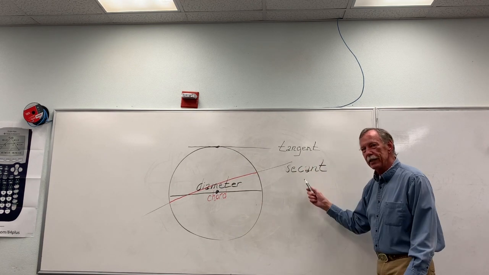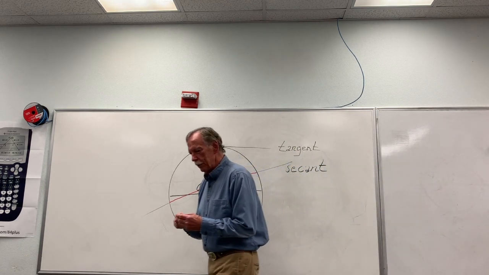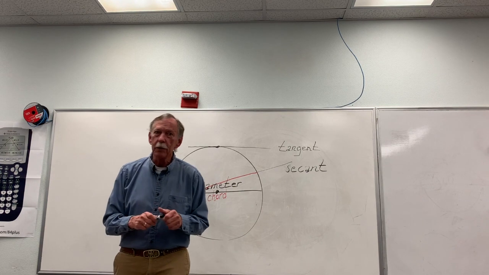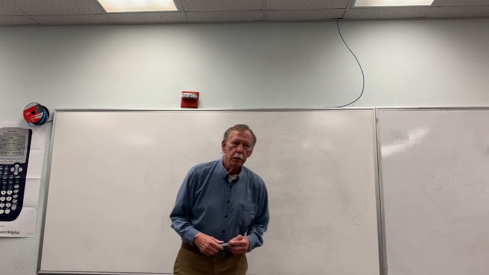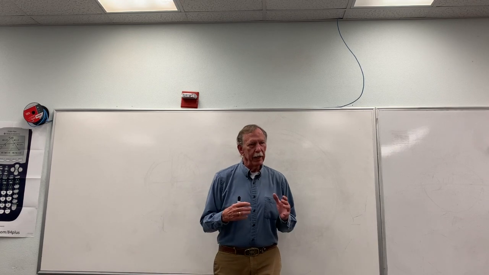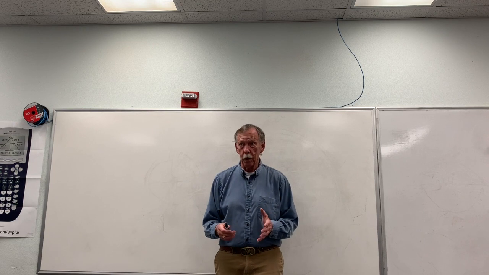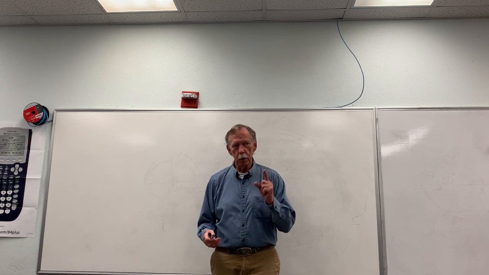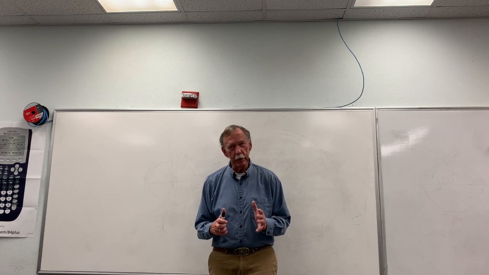Or a tangent and a secant meet. All of those have relationships that we're going to look at today. The relationships all can be solved with one equation. One. I'm going to put that up here so that you can see it.